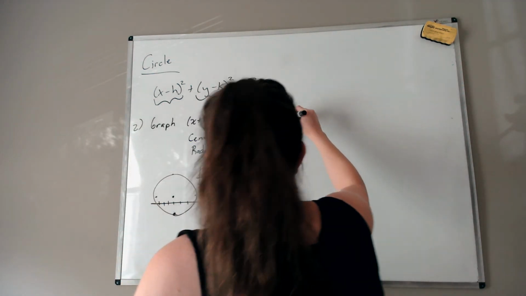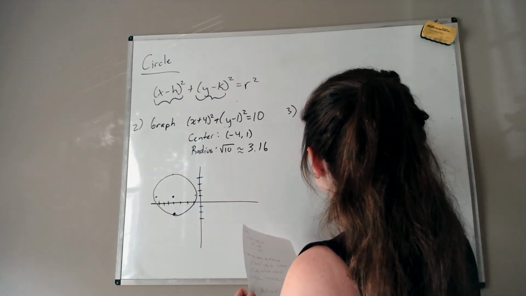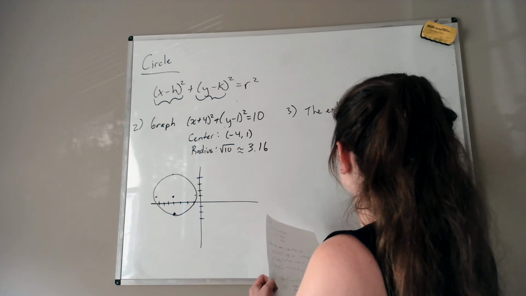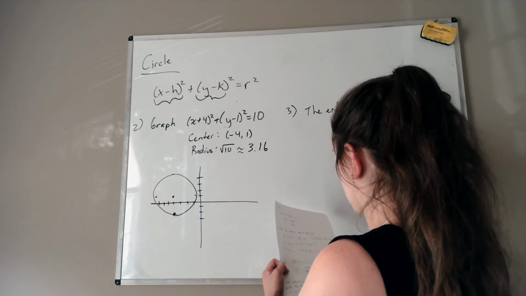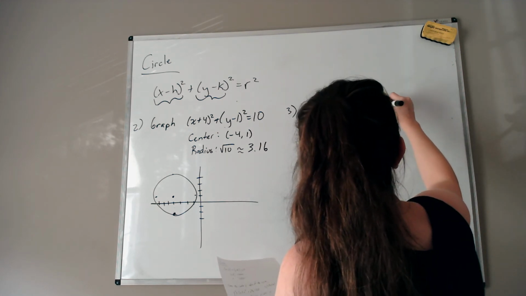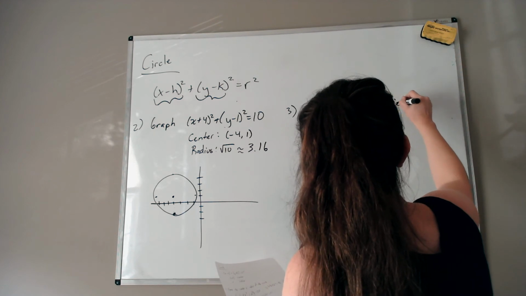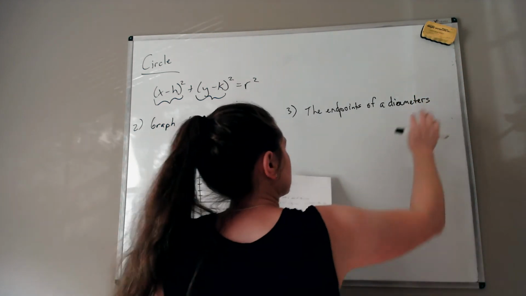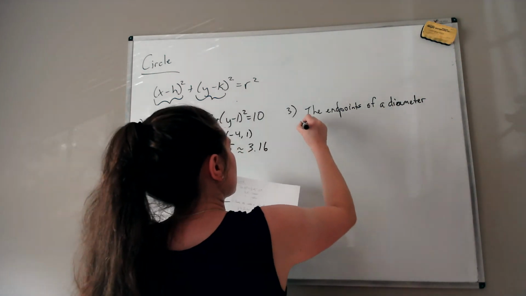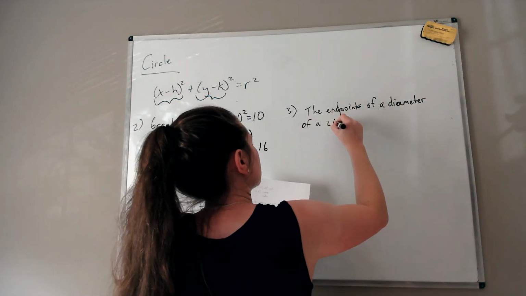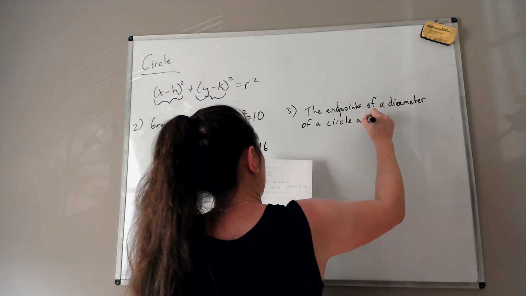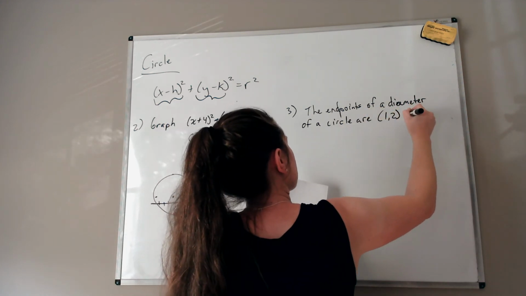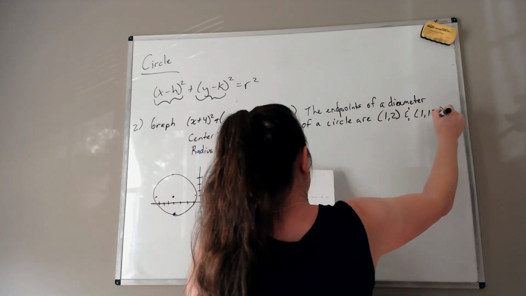And problem number 3. The endpoints of a diameter, or I should say of a diameter, there are an infinite number of diameters in a circle, of a diameter of a circle are (1, 2) and (1, 10).